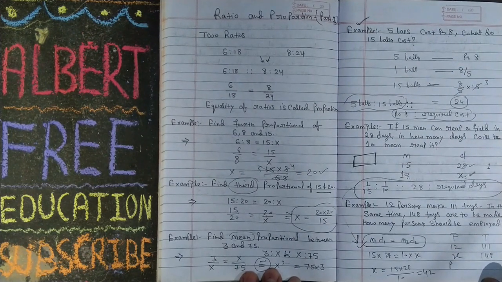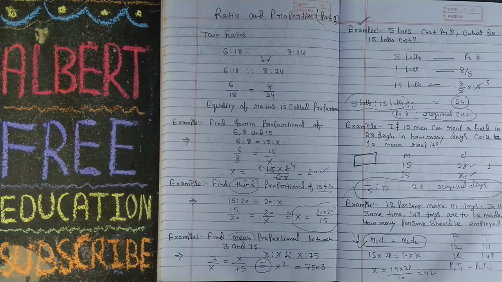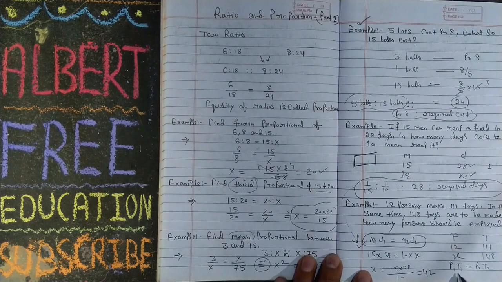So your answer is again P1 T1 is equal to P2 T2. Very simple. So they are making 111 toys. In this condition you have to find P2.